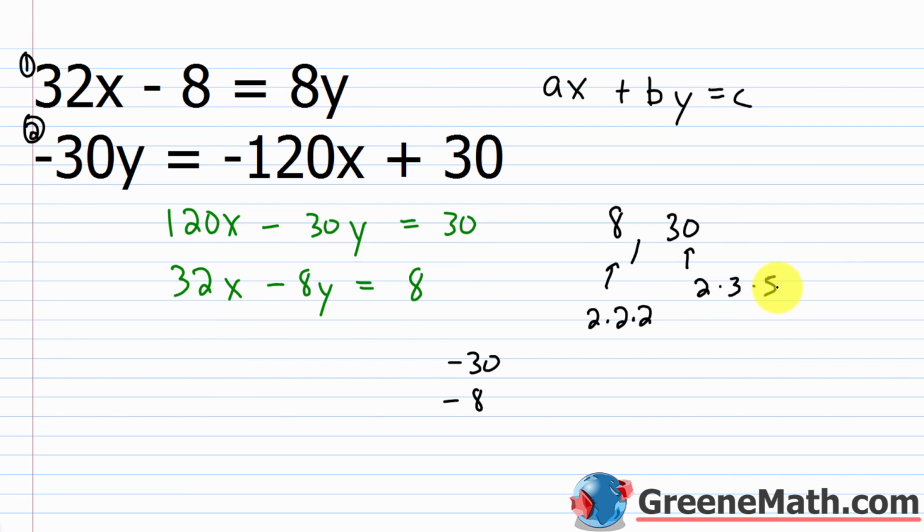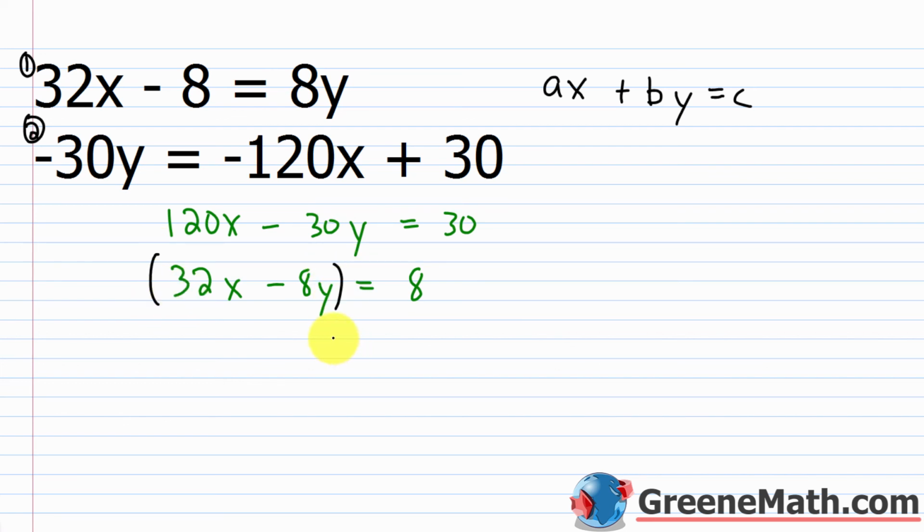120. So if I think about 120, I want one of these to be negative 120y, the other to be positive 120y. So let me multiply both sides of this equation by a negative 15. And let me multiply both sides of this equation by a positive 4.